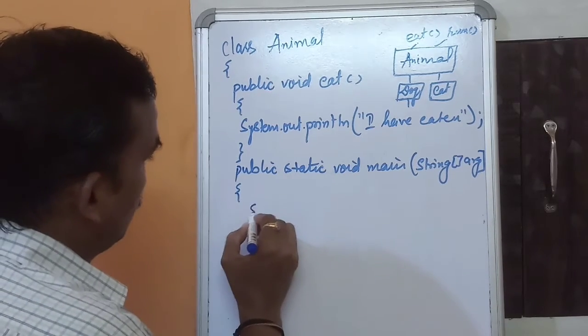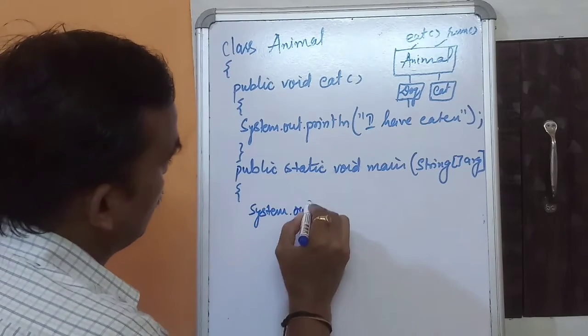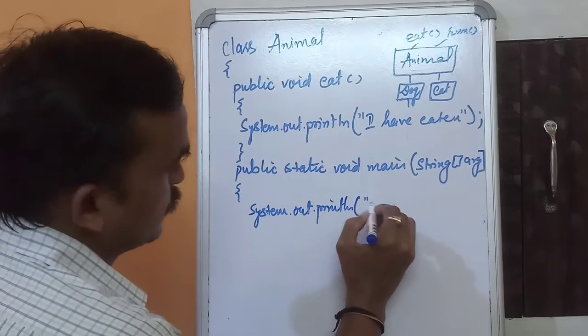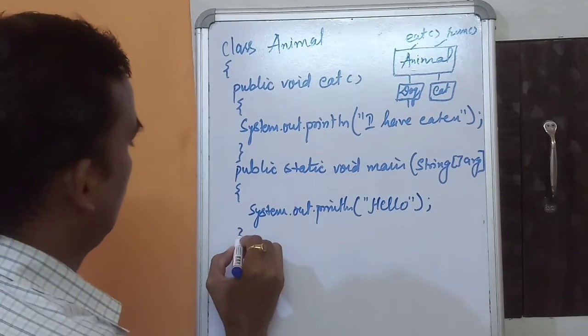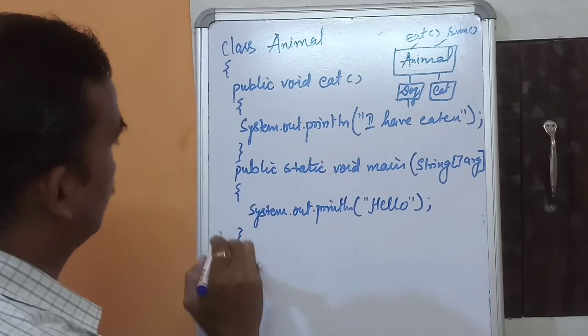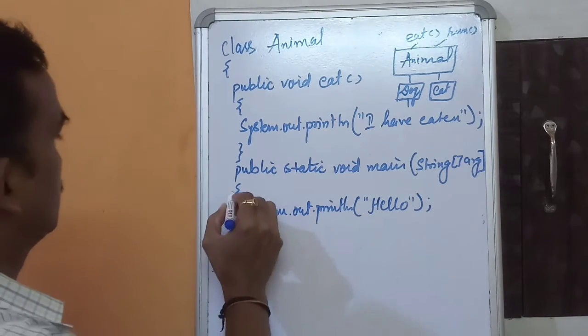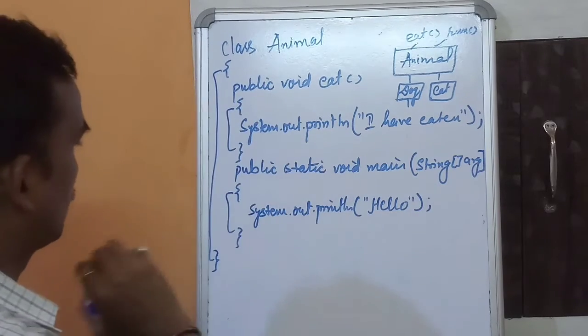So here I am using again one printing statement, System.out.println, suppose hello. Okay, and I have closed this main method, and I have closed this class. So this is the main body, this is the method body, and this is the class body.